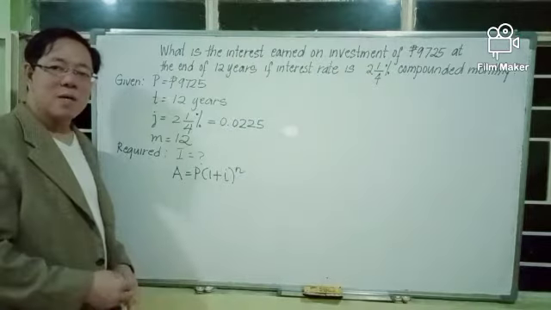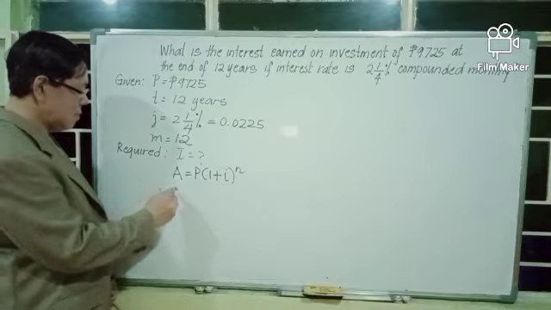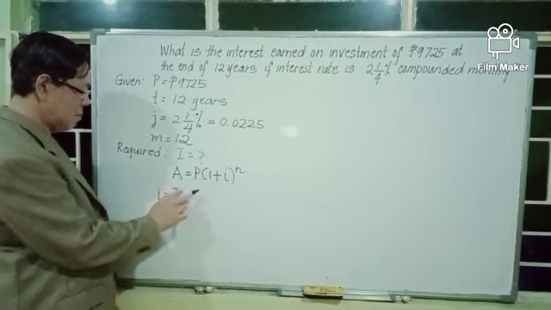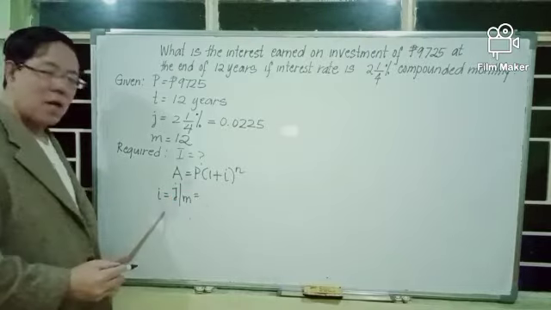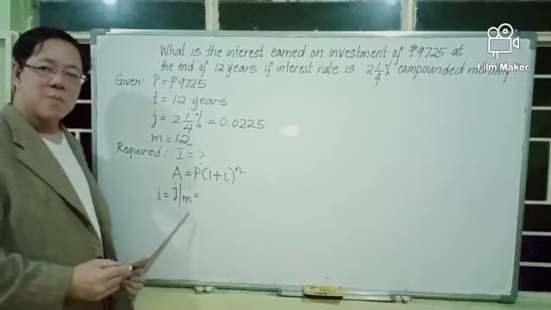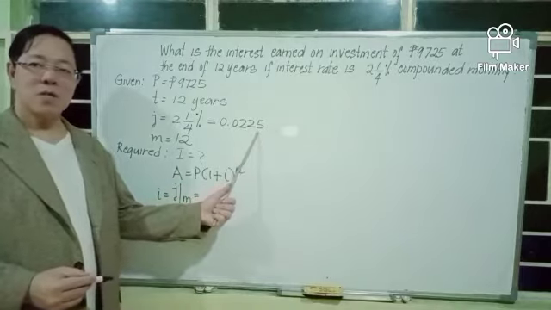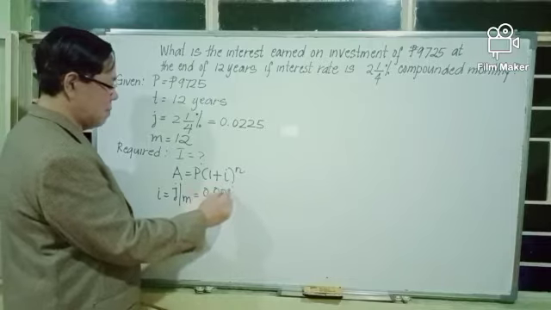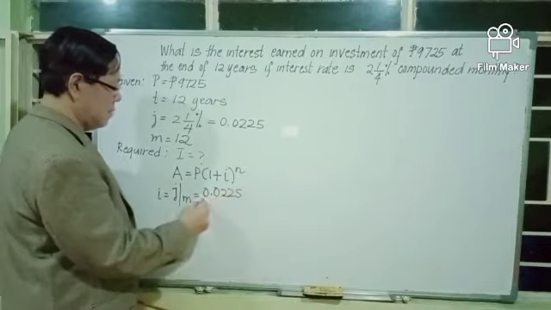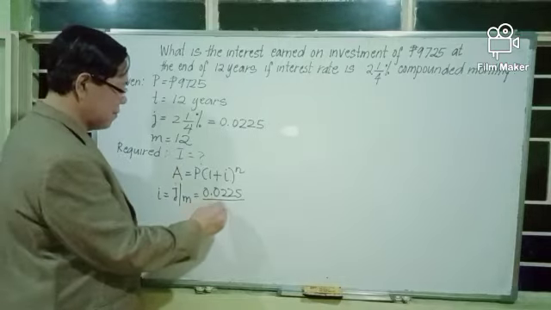Small I is given by the formula J divided by M, where J in decimal number is 0.0225, divided by M, M is 12.